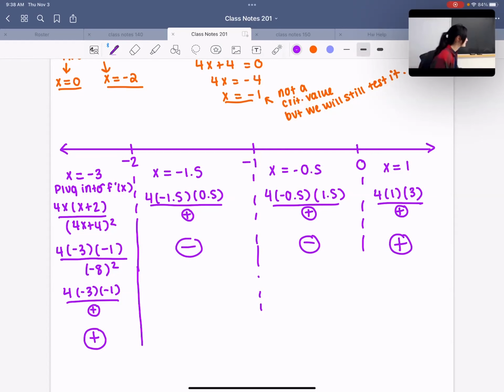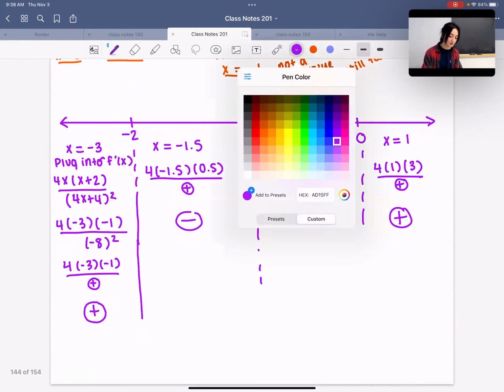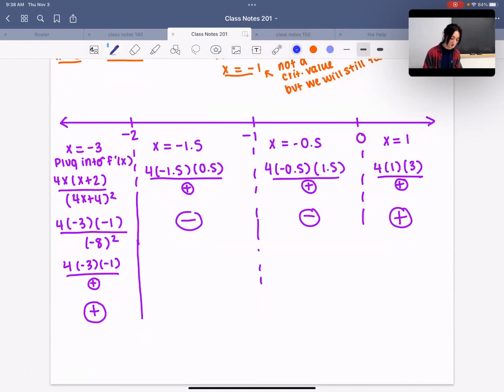Okay. Now let's talk about our intervals of increasing and decreasing. Okay, so this is a little bit hard to think about, but I think we can get it. Okay, let's do our intervals of increasing first. Okay, we're definitely increasing between -∞ and -2, right? That's where our derivative was positive. Am I going to have a bracket or a parentheses on -2?